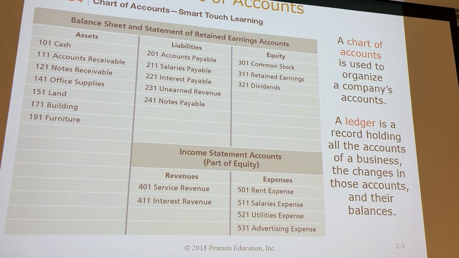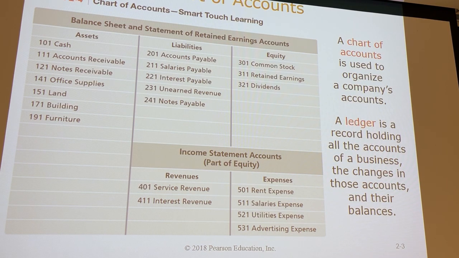Now, notice that a very typical way of laying this out for the chart of accounts is that you divide the accounts into 5 categories: assets, liabilities, equity, revenues, and expenses. And you use a numbering scheme. This is typical.